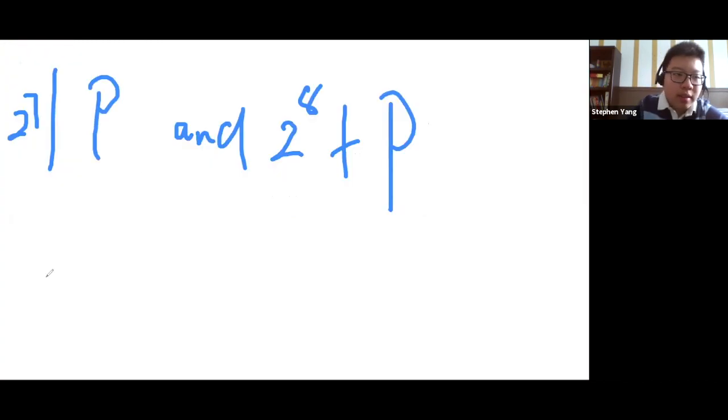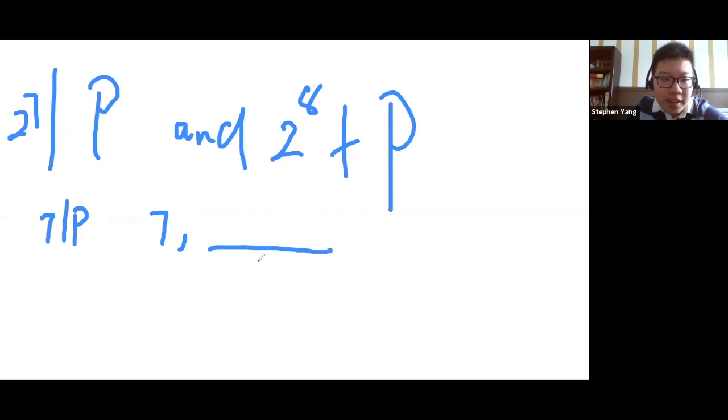So let's consider if this p is also divisible by 7. So p is divisible by 7. This means you must have a 7 in here, and the rest must have 2 to the 7th power in them.